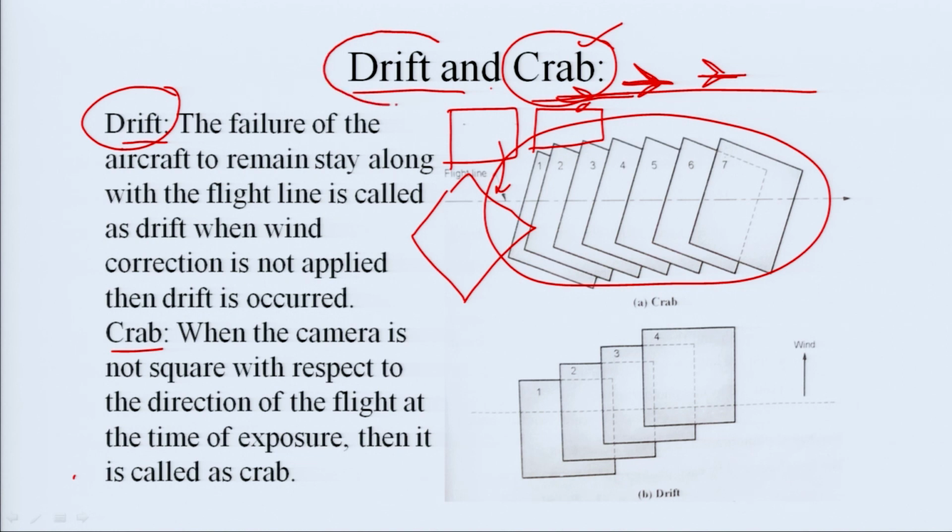There is a small difference between drift and crab. Drift is a deviation of the aircraft, and crab is a change in the direction of the camera at the time of exposure.